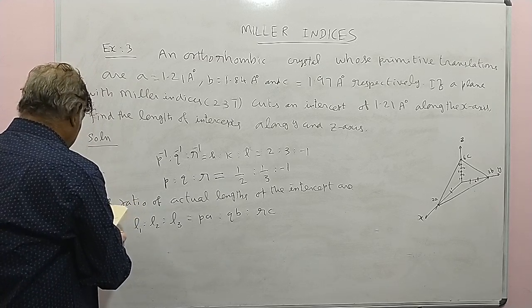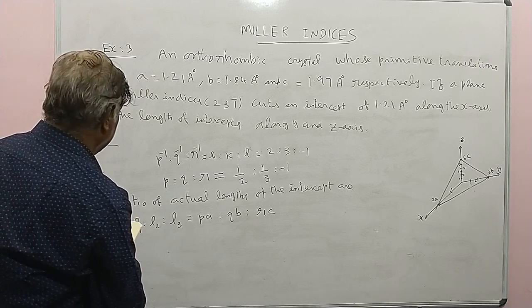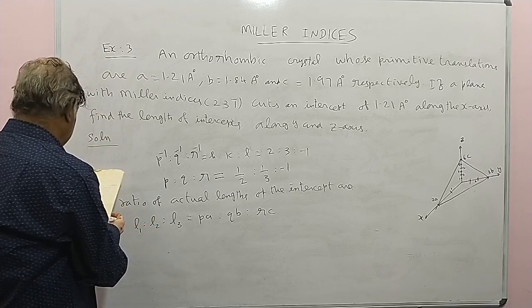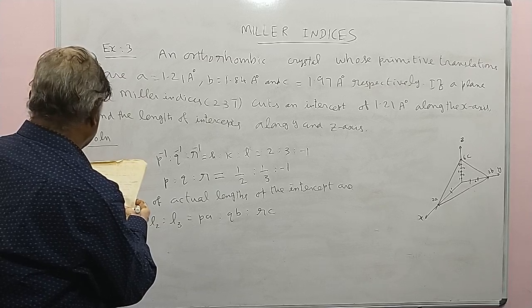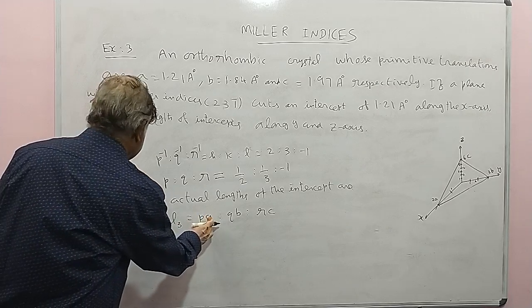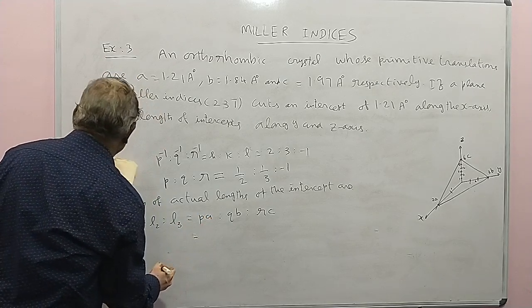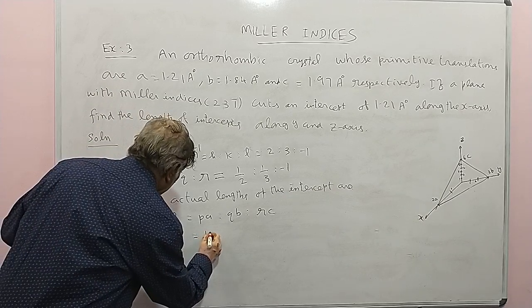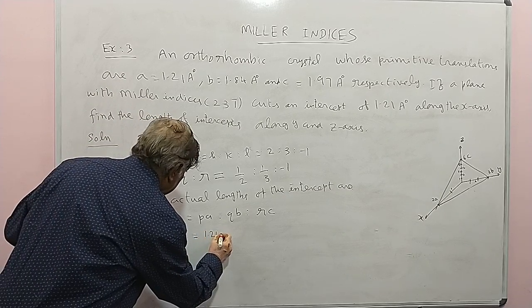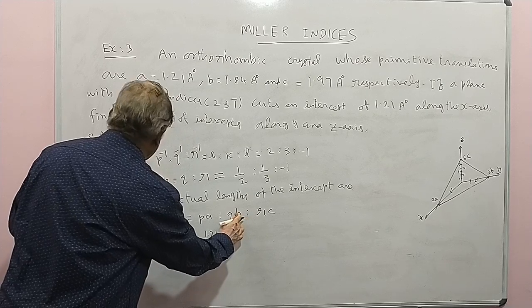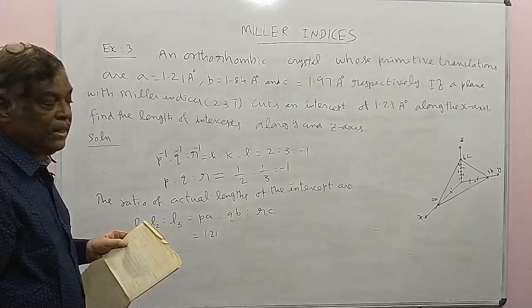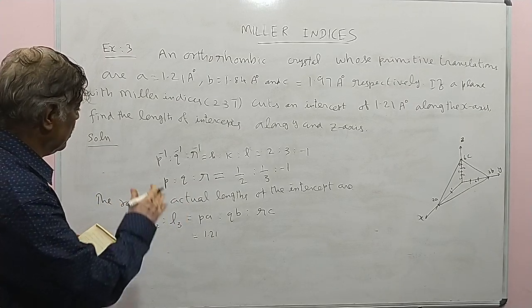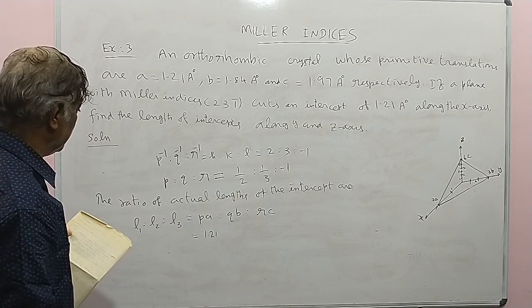Now what is this ratio? What is P? The values A, B and C are given, all in angstrom unit. Since we are expressing the ratio, the angstrom unit is a common factor that can be removed.